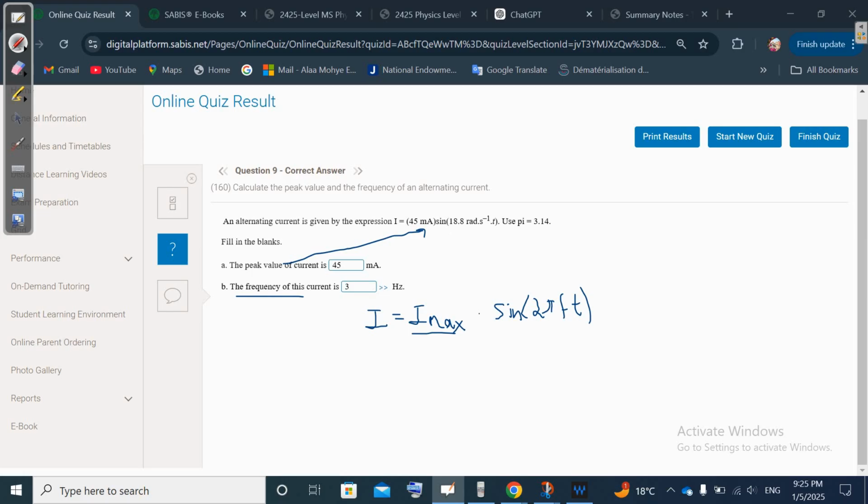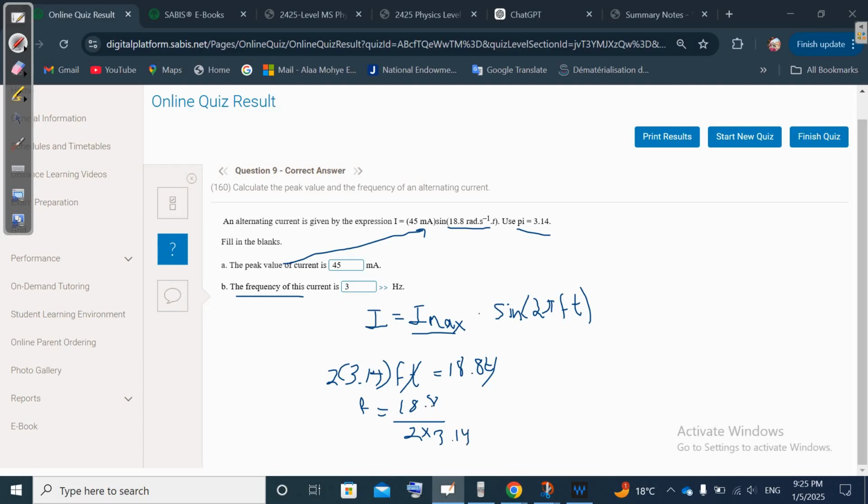The frequency we can get here. They're telling you whatever is inside, 18.8 T, is equal to 2 pi ft. They told you to use pi as 3.14, so 2 times 3.14 times f times t equals 18.8 T. Cancel T, cancel T. So to find f, you need to do f equals 18.8 over 2 times 3.14.